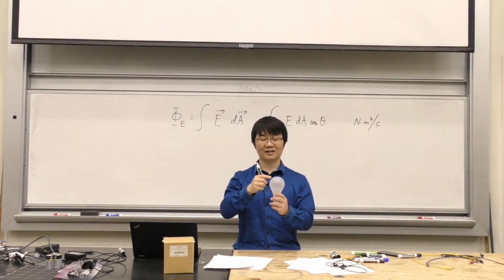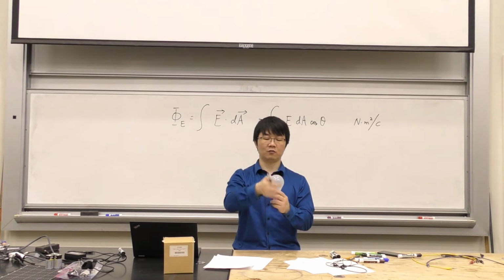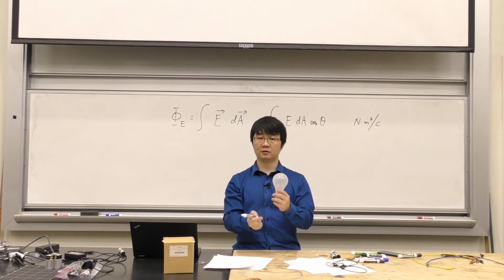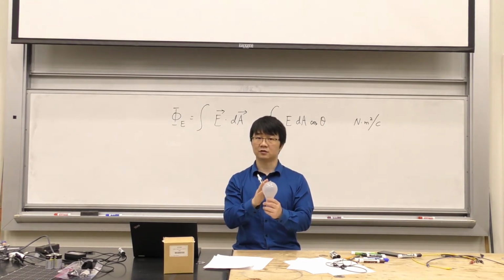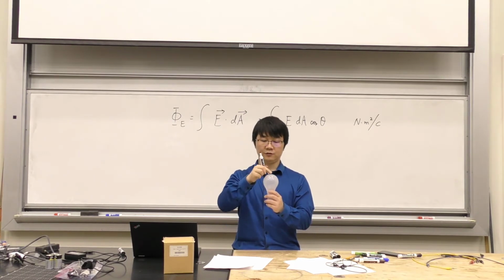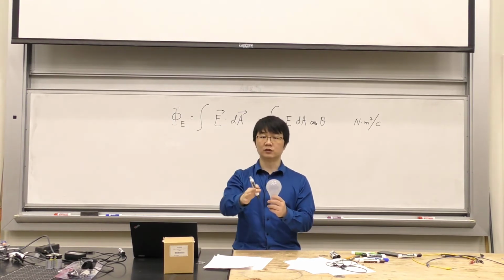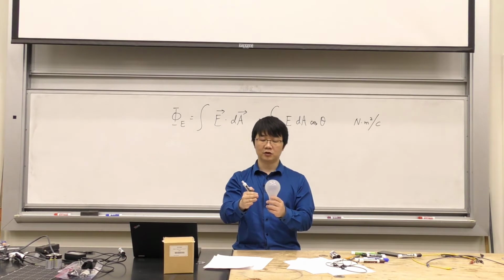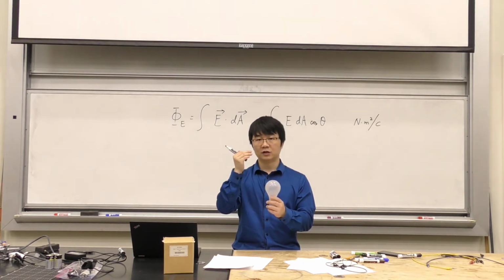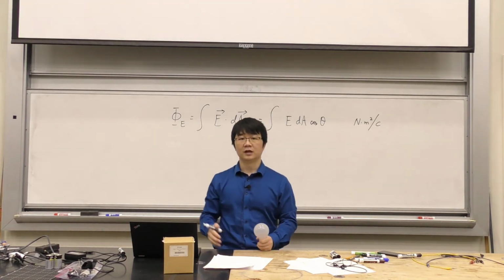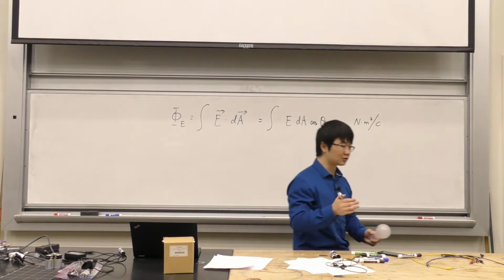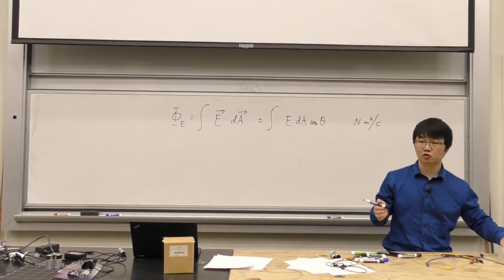If you define it as tangent, it can go this way, that way, that way, if it's not a flat surface. If you define it as a normal vector, the direction is unique, and the angle between the electric field and this surface is unique. So that's the reason, even though it's not that intuitive.